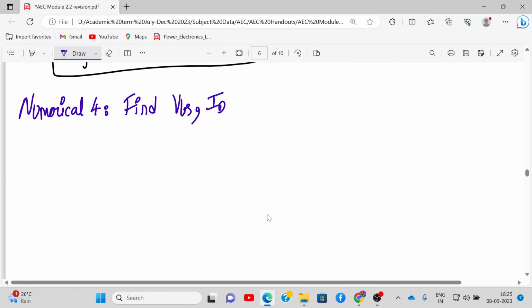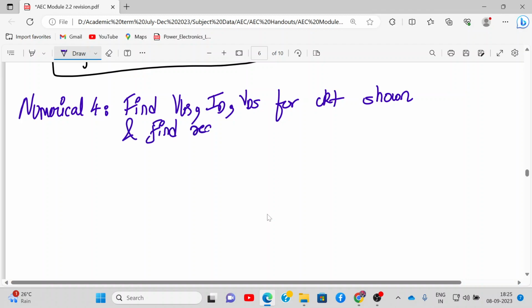So first of all, write the question. This is the fourth numerical, I guess, for today. Find VGS, ID, VDS for the circuit shown below, and find the region of operation of the given device.